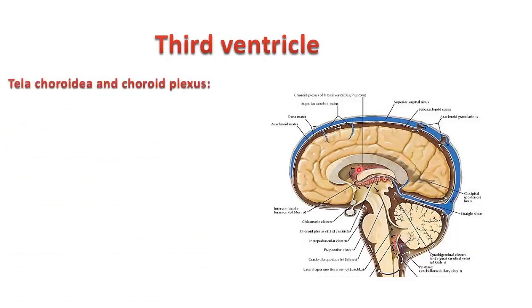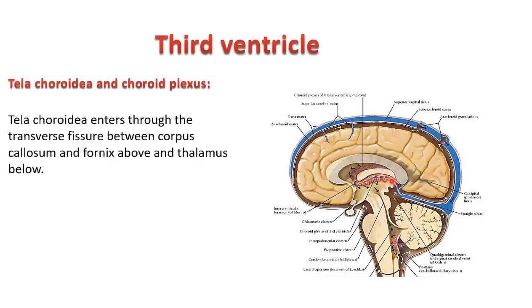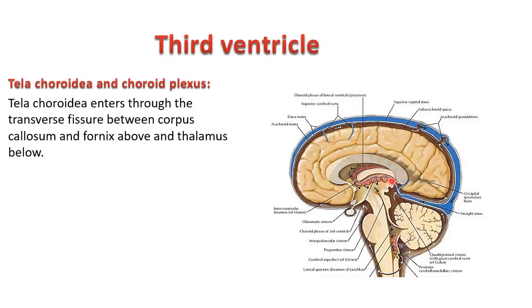The tela choroidea is a double layered fold of pia mater which extends below the posterior part of the corpus callosum and the fornix anteriorly, with the thalamus below. In between these you have the transverse fissure, through which the tela choroidea projects along with the choroid plexus.